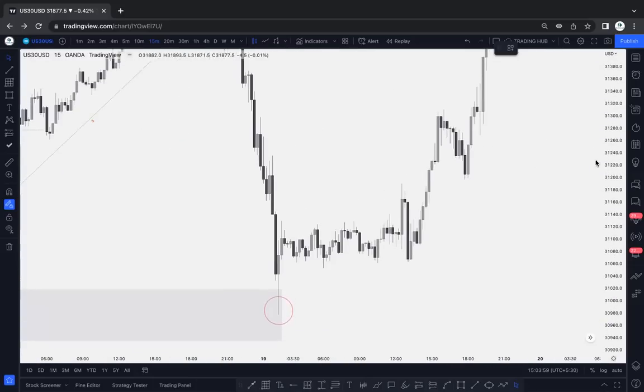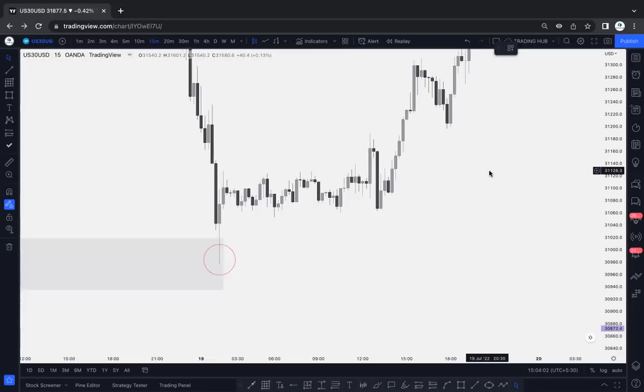When you switch to a lower time frame, we can see this minor structure here, it took out this low, mitigated something here in the lower time frame and pushed higher. These are possible scaling entries. Again, the market took out the previous low, tapped on this demand and went higher.